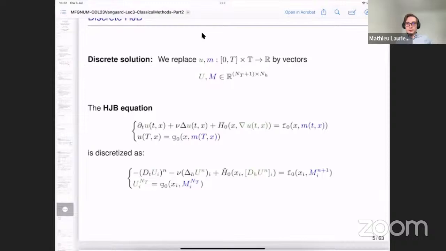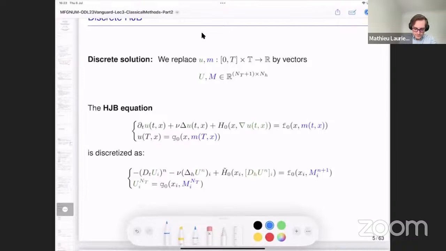Let's start with the discrete HJB equation. This is where there will be fewer surprises. We replace the time derivative by the dt operator we have defined before. So dt of ui is a vector. And when I write n, it means that I take the nth coordinate.